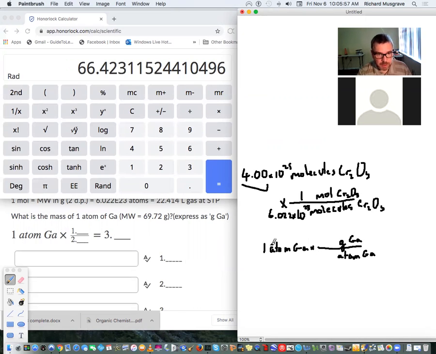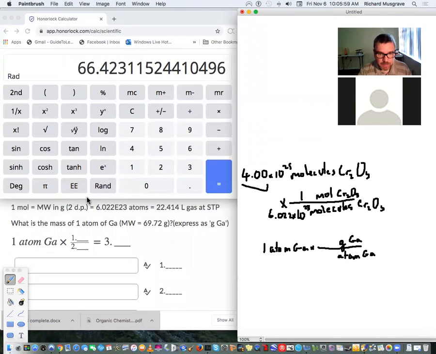If you look at the relationships we're given in the problem, the grams, which would be the molecular weight here, is going to equal this number of atoms, 6.022 times 10 to the 23. So I put in the molecular weight I'm given, which is 69.72, getting that directly from the problem, over 6.022 E23 atoms of Ga.